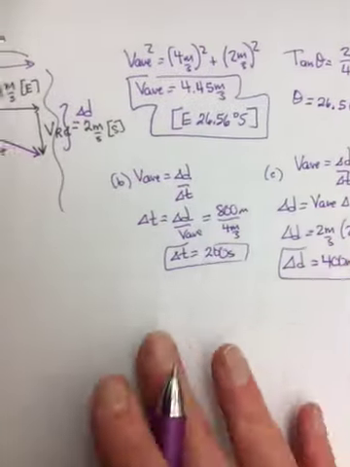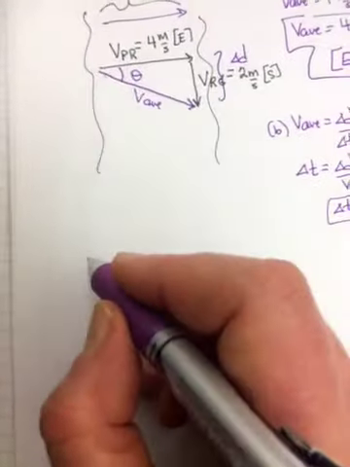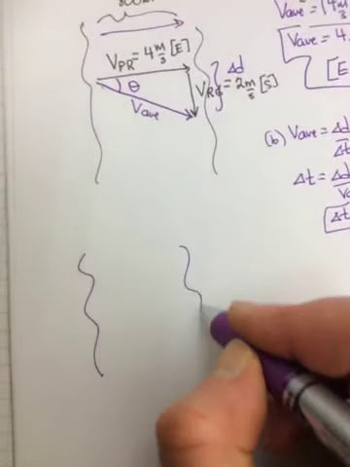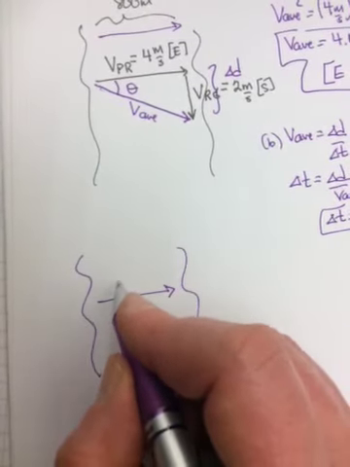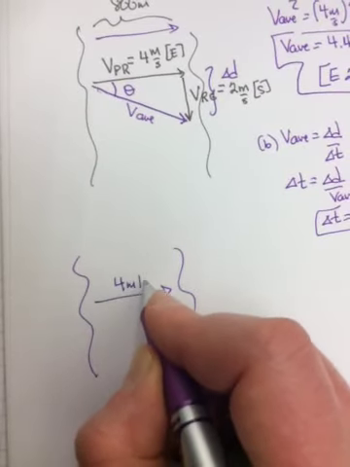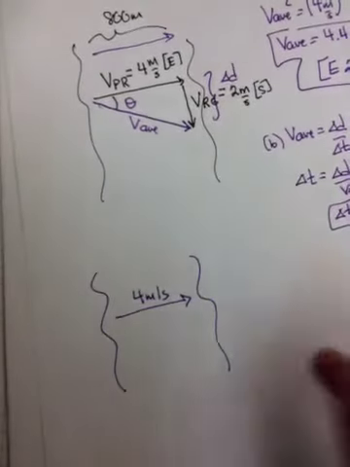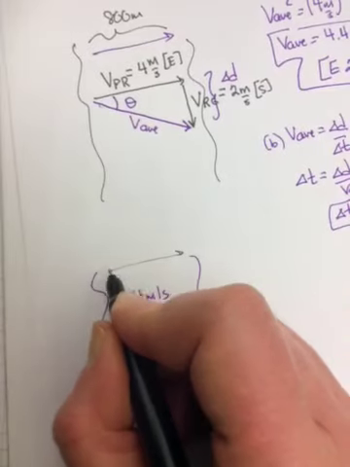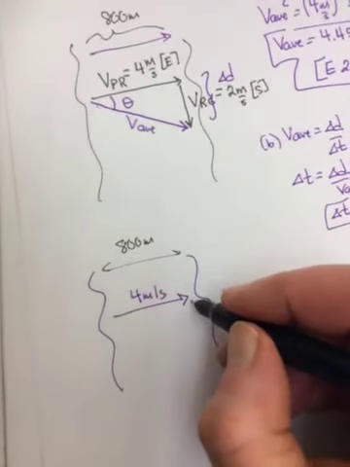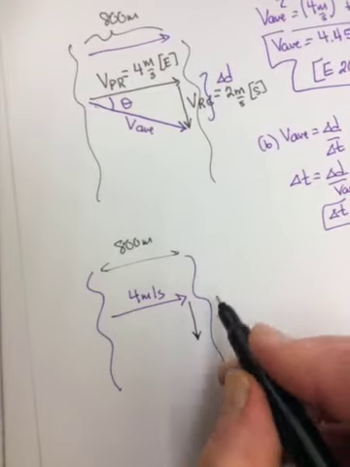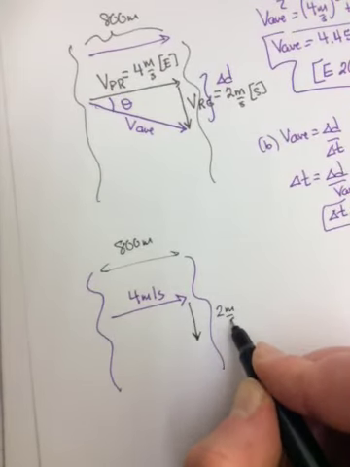Okay, so let me try this again. What I'm saying is, you have a river, you want to go straight across. So this is your speed, 4 meters per second. You know the river is 800 meters wide. It doesn't matter that the current is carrying you down at a rate of 2 meters per second.